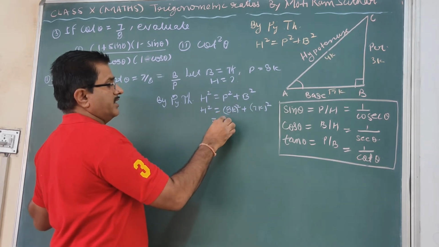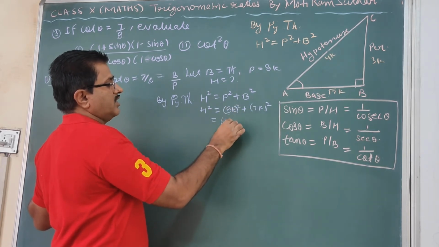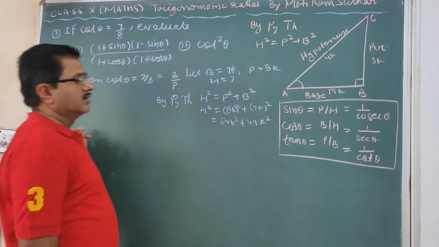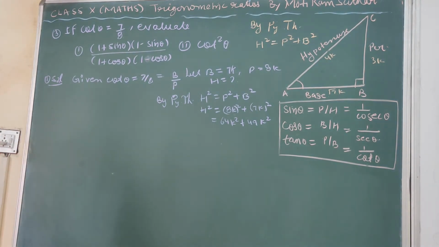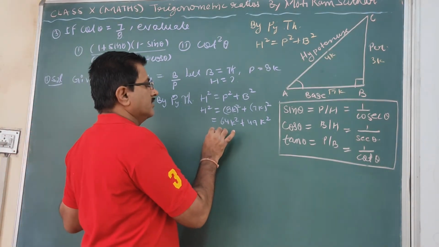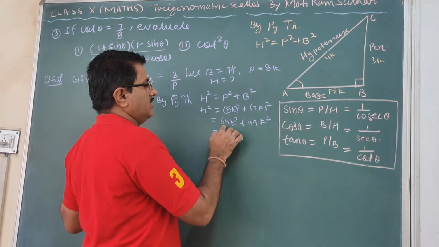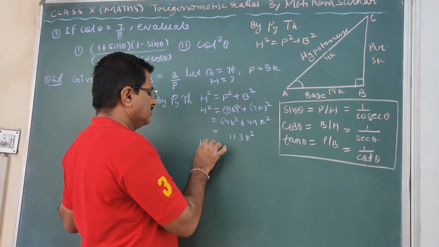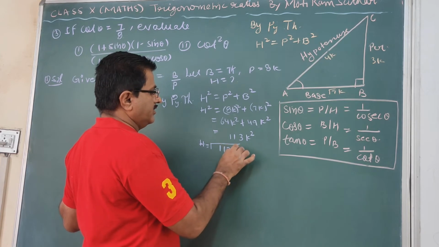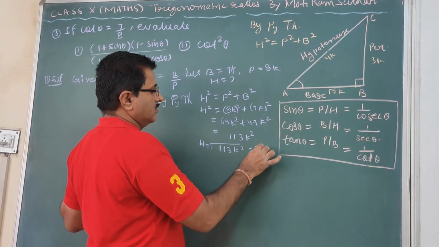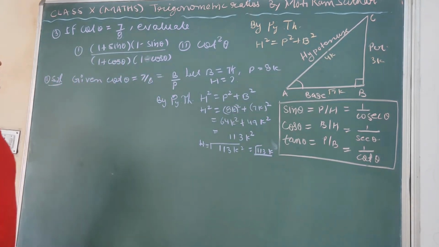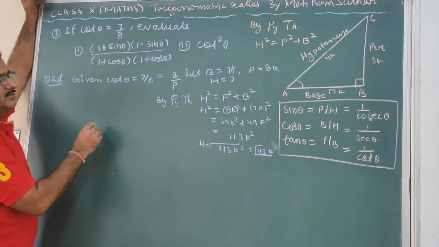So 8 square is 64k square, 7 square is 49k square. Right? So add: 64 plus 49 is 113. So h will be root of 113k square. So square and square root cancel. So this is the h. So now we get all three sides. Clear?